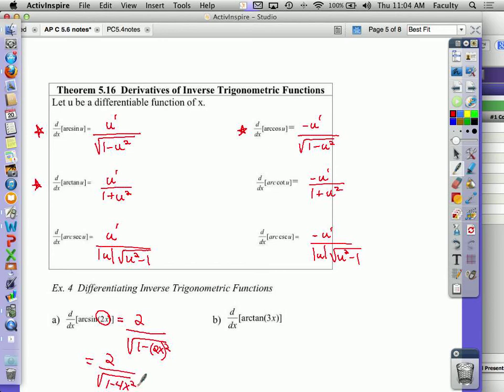These are actually very easy to do if you know the formula, okay? Letter B, if I want the derivative of arc tan 3x, I look at the formula, it says do the derivative over 1 plus 3x squared. If you can do it in your head, you see how easy this is? It really is that simple.